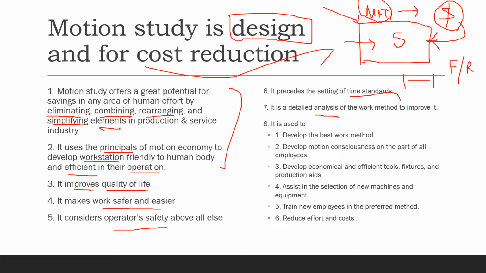We also use the motion study to come up with a good design again, to develop the best work method, to develop the motion consciousness on the part of employees, to develop economic and efficient tools, fixtures, and production aids, assist in the selection of new machine equipment, okay, train the new employees in the proper method, and then reduce the effort and costs.